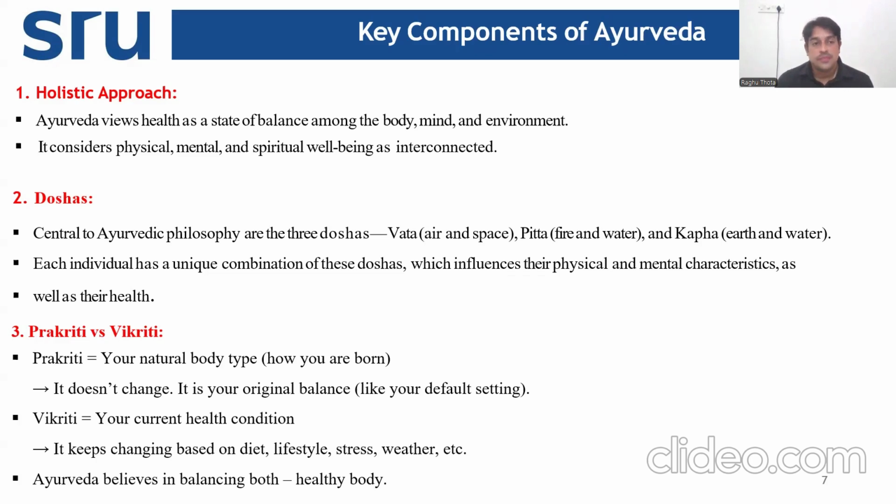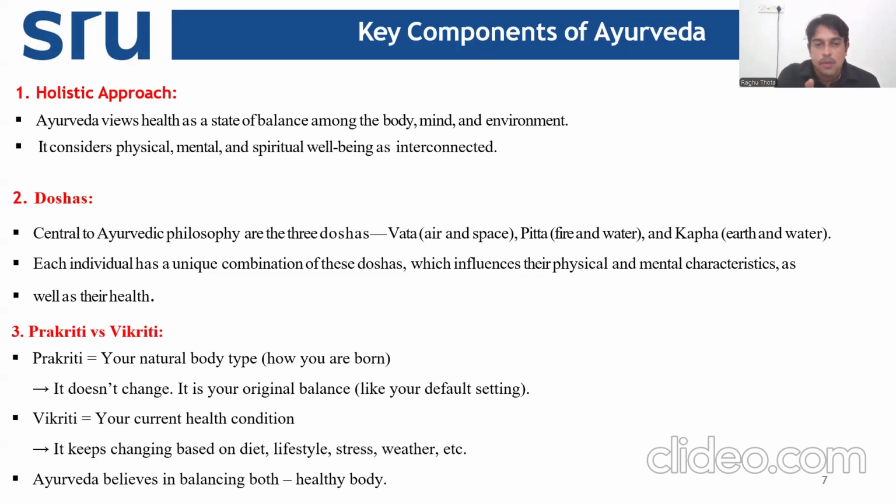Doshas. Central to Ayurveda philosophy are the three doshas. What are the doshas? Vata, Pitta, Kapha. How are they related to health? If all three are in a balanced manner in the body, Ayurveda considers that it is a healthy body.